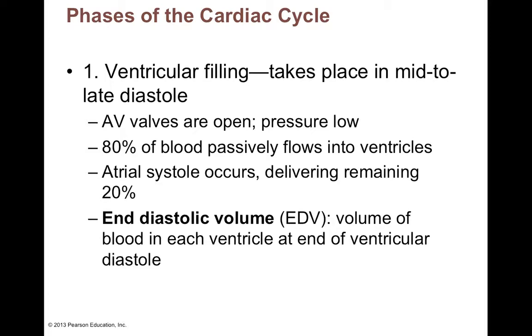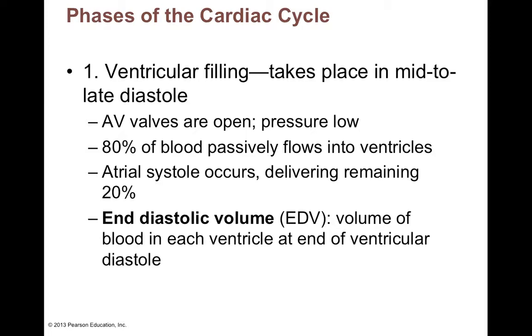At this point, the ventricles are filling with blood. Are they in systole or diastole? They must be in diastole if they're filling, right? So early in ventricular filling, the ventricles are in a state of diastole. So are the atria, actually, because most of the filling of your ventricles is passive. 80% of the blood that fills your ventricles fills them based on gravity.